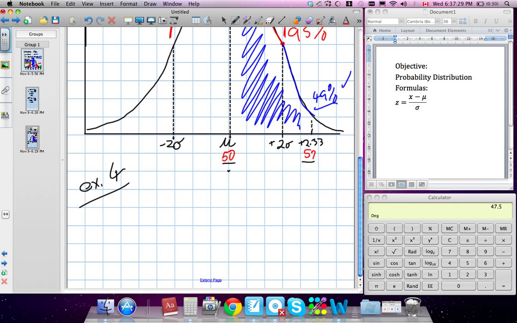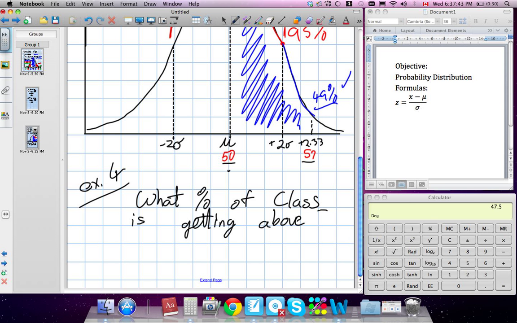Since we're only taking half of this, we're taking half of that 95%. So 95% divided by 2, we're going to end up with 47.5. So what they're saying there is from this all the way down to this is 47.5%.